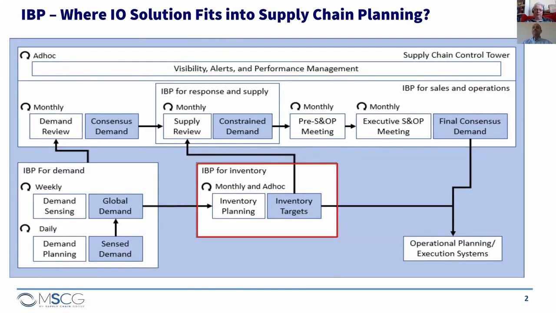So where does inventory optimization fit into the IBP processing chain? As you can see on the slide, these are all S&OP modules. We have IBP demand planning, then inventory planning, then response and supply, and then control tower. If you look at this red box, which is for IBP for inventory, we get input from IBP demand, which is your demand and forecast data, and we have a different set of key figures within IBP for inventory.